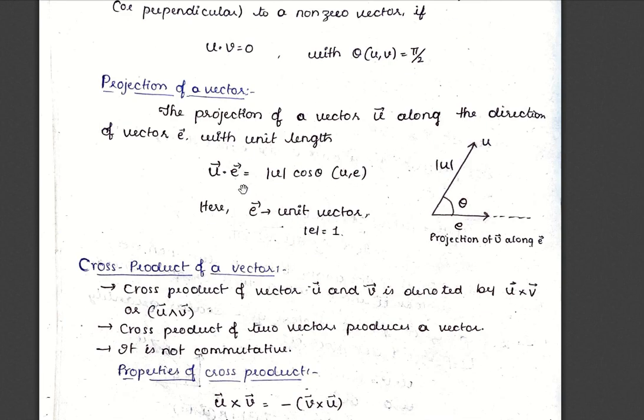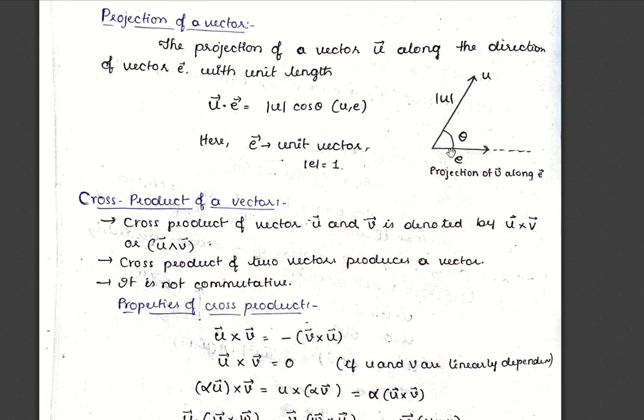Projection of a vector. The projection of vector u along the direction of the direction vector e. So we have one vector e, and we have another vector u. If we take this dot product, u dot e is equal to |u| cos theta. So actually, what is u dot v?